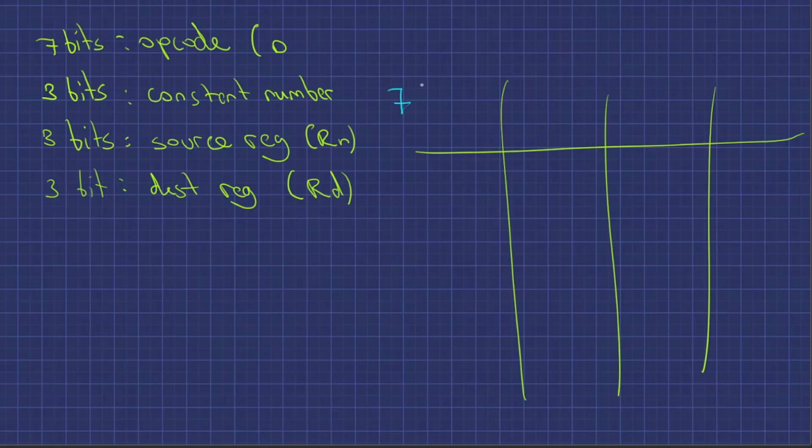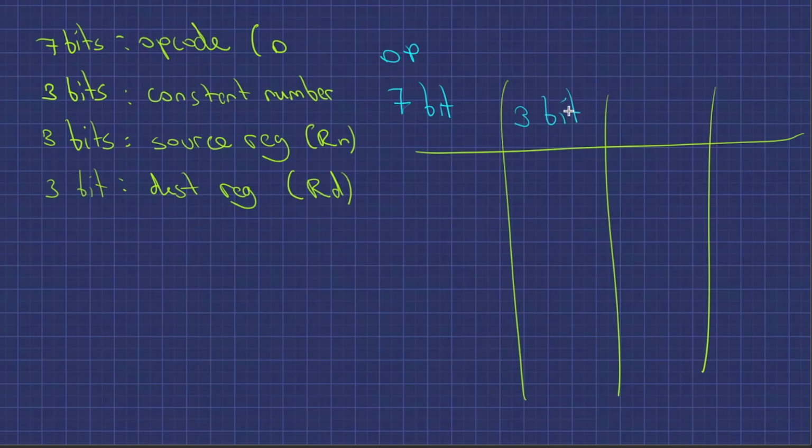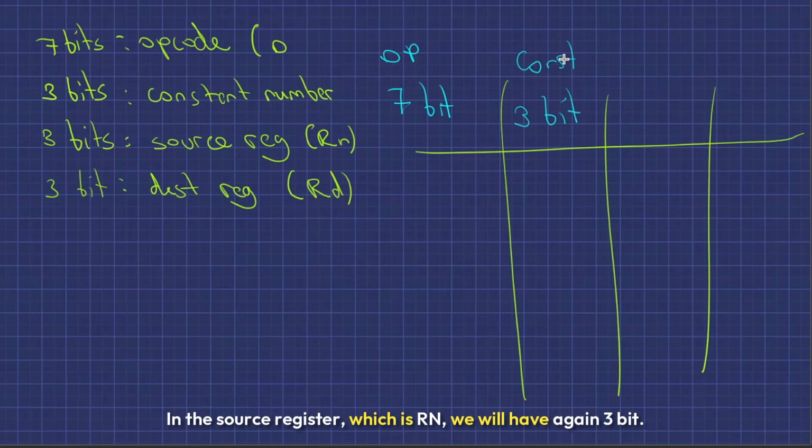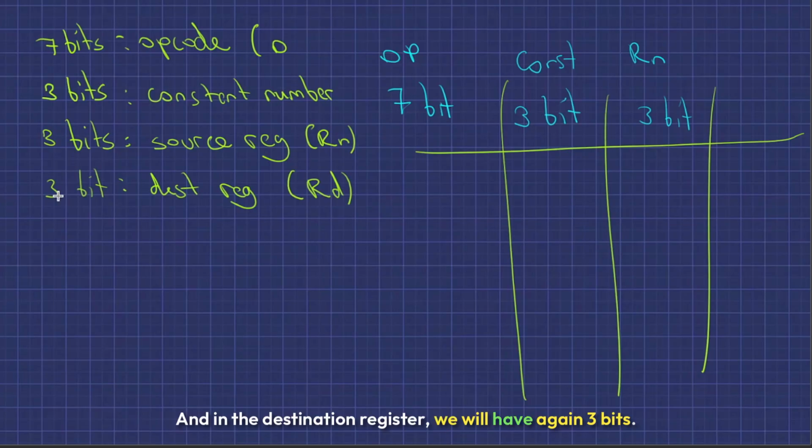This is basically the op, and in the constant number we'll have 3 bits. In the source register, which is Rn, we will have again 3 bits, and in the destination register we will have again 3 bits.